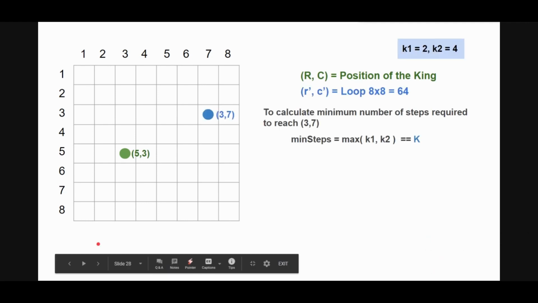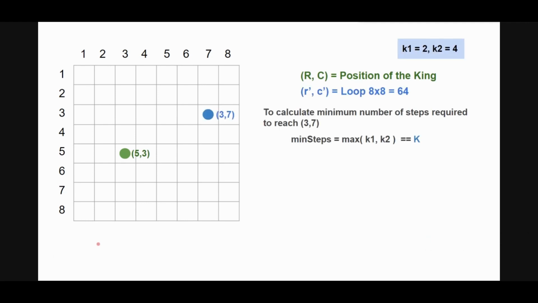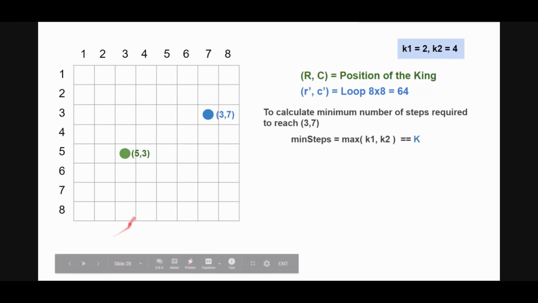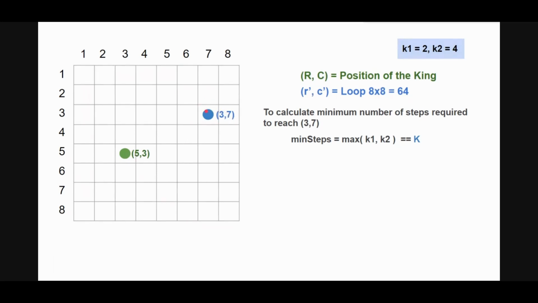The user input is taken in the variable k, that is the maximum number of steps. Here 3, 7 was just an iteration, just one part of the loop. In the same way, we have to check all the positions. Here the k was 4. So if the user had given the input of k as 4, then this was a valid input.